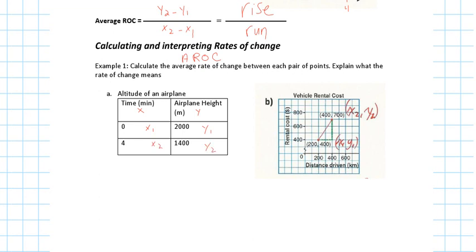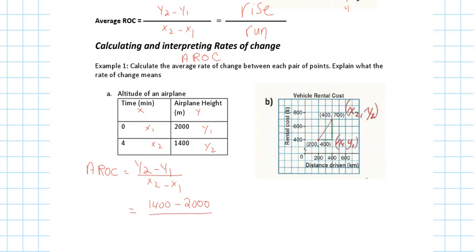To find the average rate of change, or the slope or the rate of change, you are going to use the formula y2 minus y1 over x2 minus x1. So that tells me that your y2 is 1400 minus 2000. Anyone have problems with this?